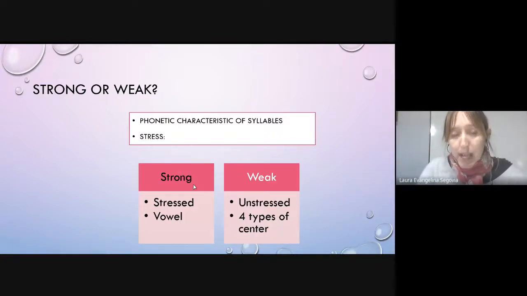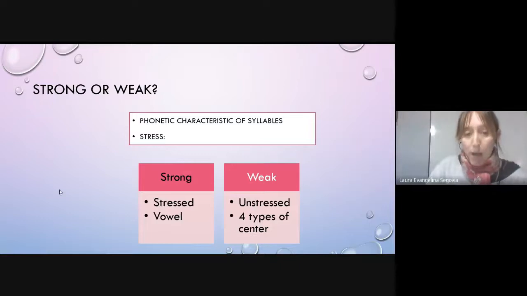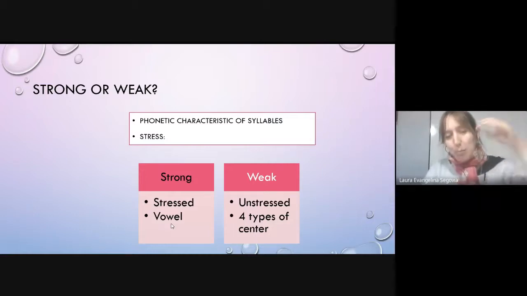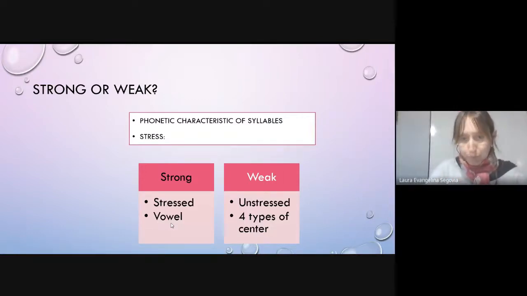Strong syllables have the vowel as a center. All the vowels and diphthongs, but never a schwa. Never a schwa. Please mark it, highlight it, make a big, great poster with this, because strong syllables are always stressed and they always have vowels as center, but never should this vowel be a schwa.